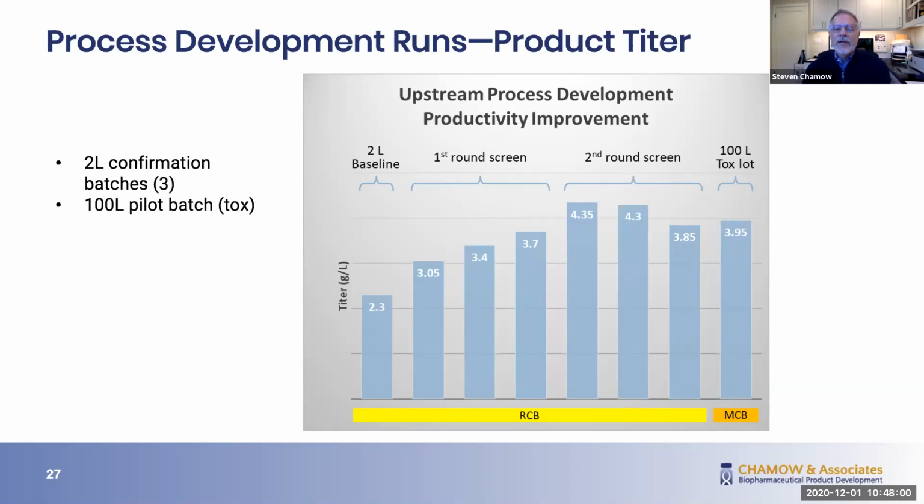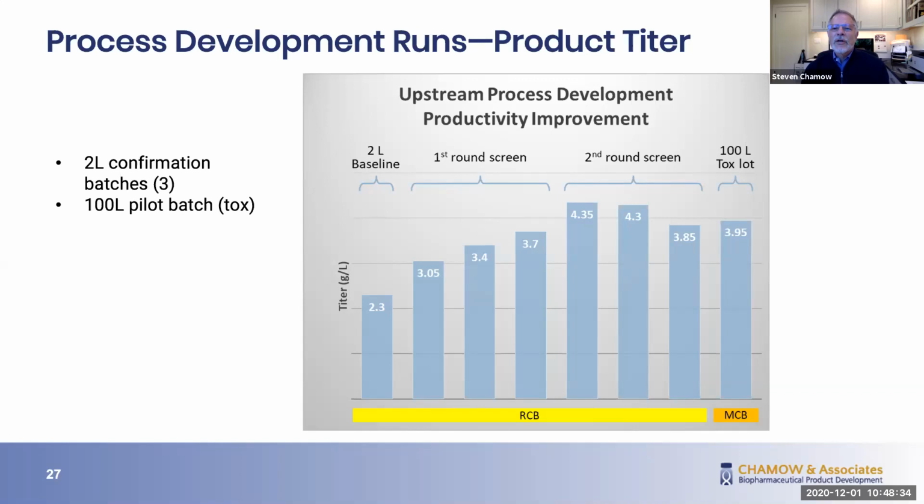And so the productivities of these various batches are shown here on this slide, where we did 2 rounds of screening at 2-liter scale, where the 2-liter baseline had a titer of 2.3 grams per liter. That's shown on the left in the graph. And then through the first round screening, you can see that we were able to improve the titer up to 3.7 grams per liter. And then in the second round of screening, we were able to actually exceed 4 grams per liter.